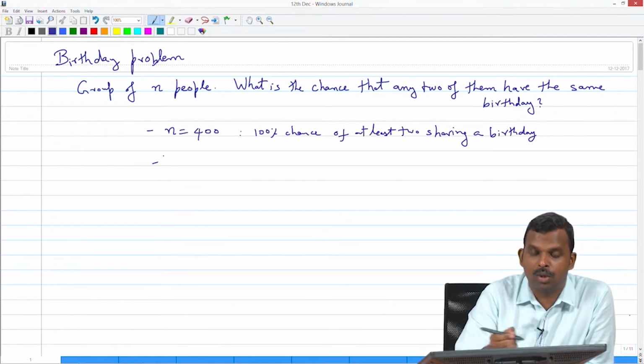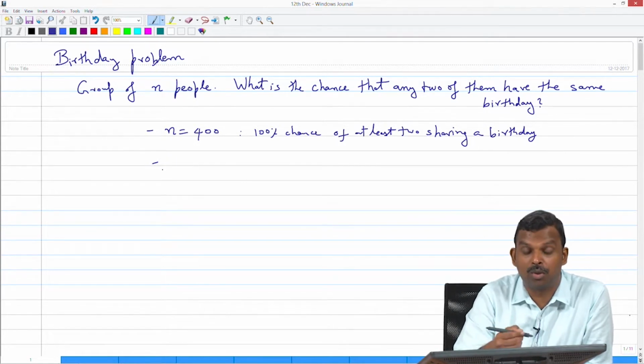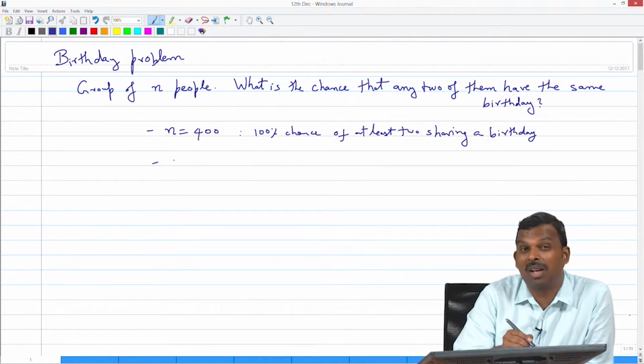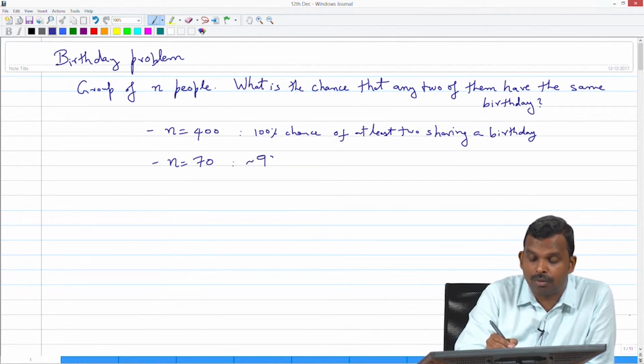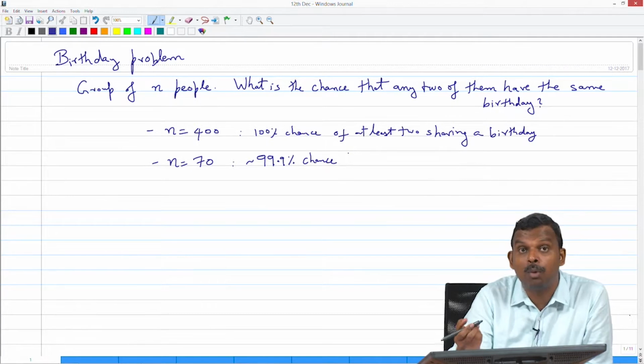Now, I will show you a probabilistic model, some sort of a uniform probabilistic model, where you will have some surprising results. It turns out if n is something like 70, then roughly the chance of two people having the same birthday is 99.9%.